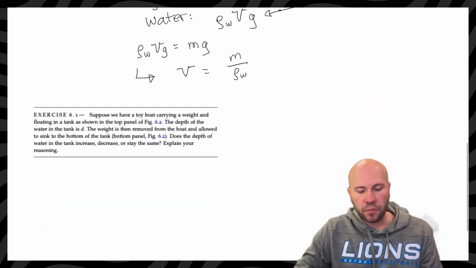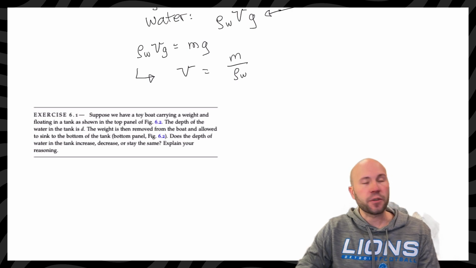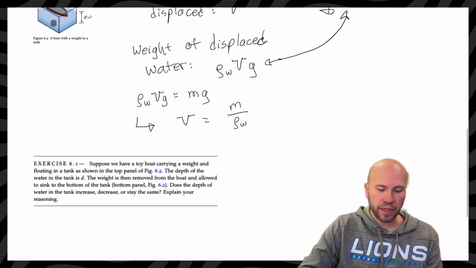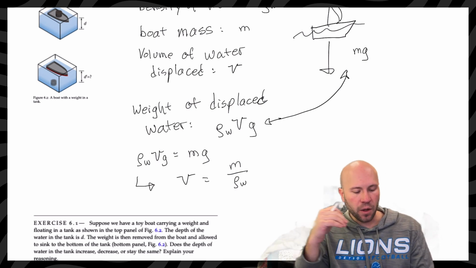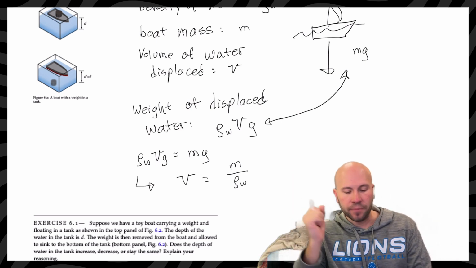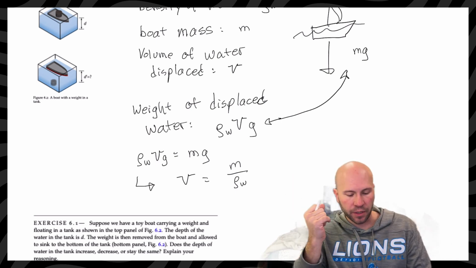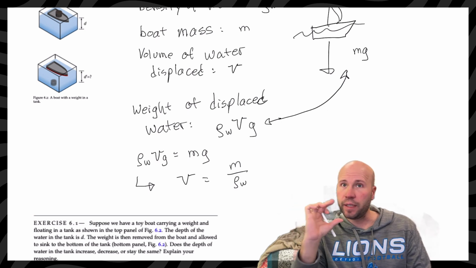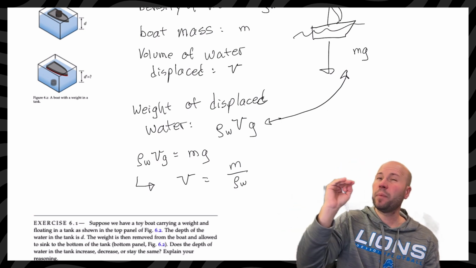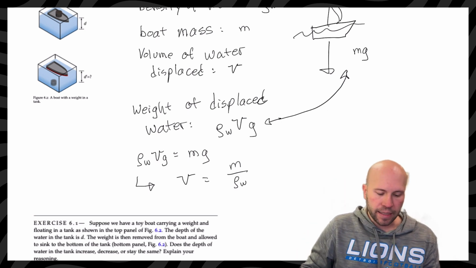So, let's consider an example, and this is exercise 6.1 in your book, which says, suppose we have a toy boat, like in our image here, carrying a weight and floating in a tank, as shown in the top panel of figure 6.2. The depth of the water in the tank is d. So the depth from the bottom of the tank to the top of the water line is d.